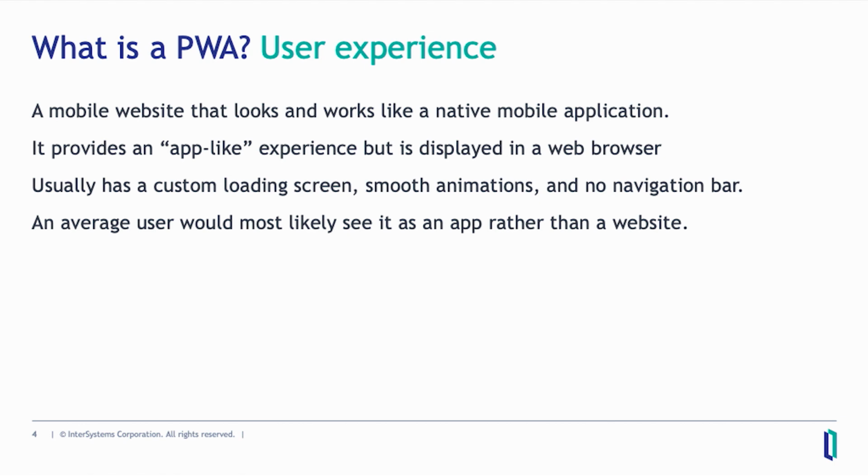You get rid of the menu bar, the URL bar that you're used to in your web browser, and you have more of a native sort of navigation. Obviously, you have to implement that, but the idea is that you'll provide a more native navigation metaphor than you would in a website. And a custom loading screen, smooth animations, all those things.